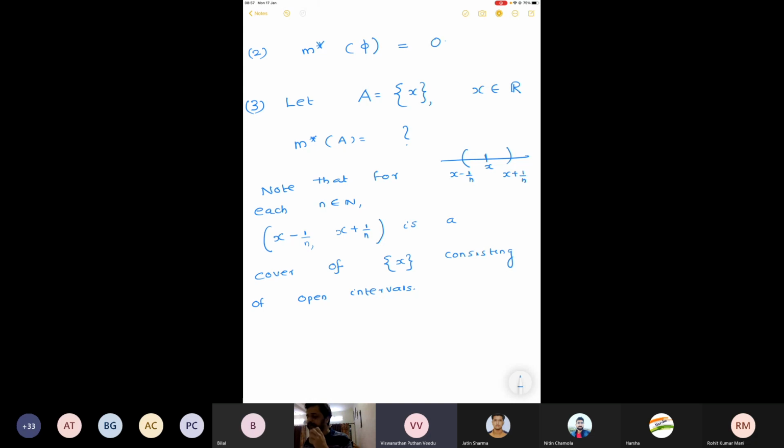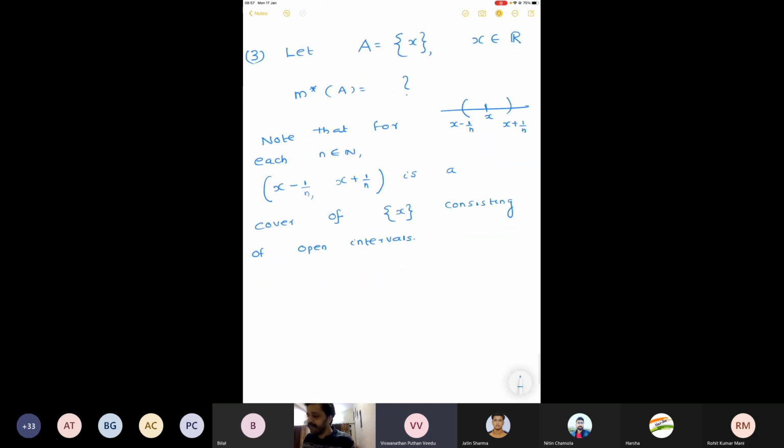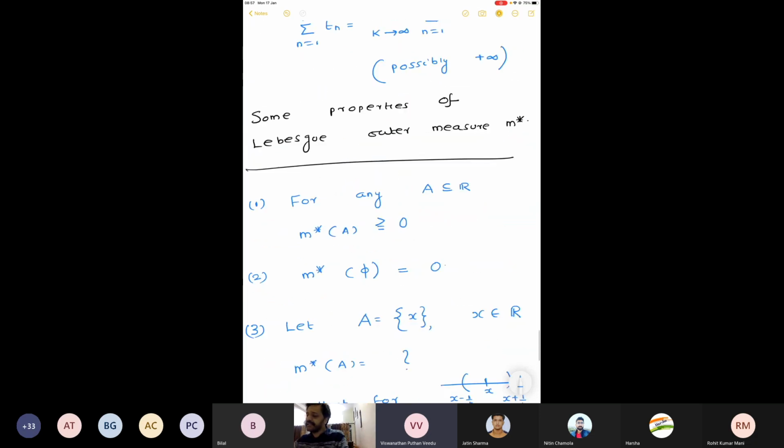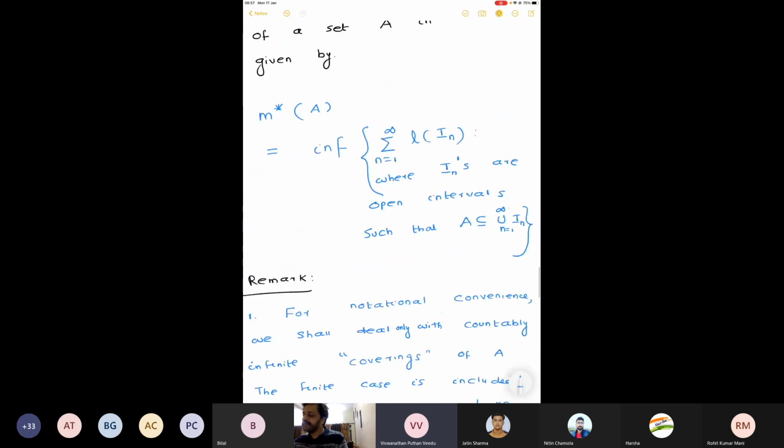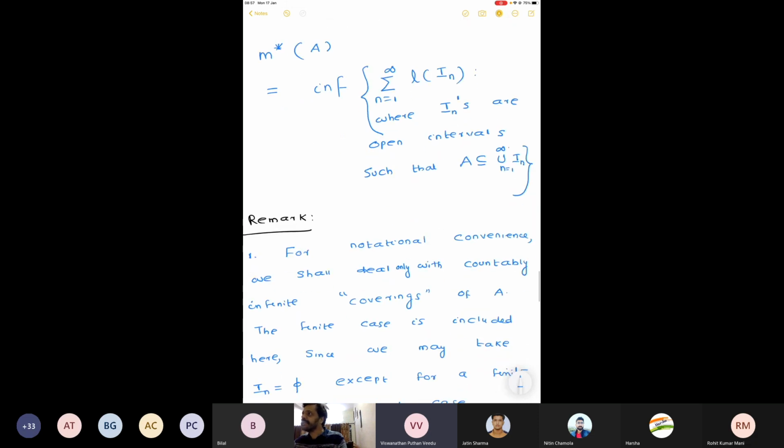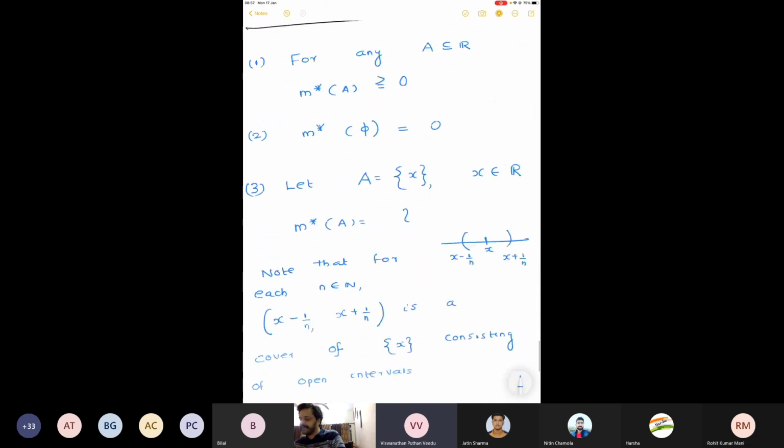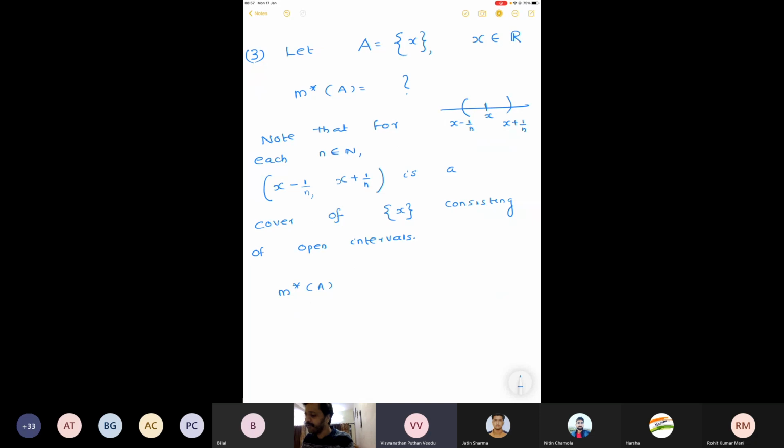And the length of this is 2 by n, I suppose. Therefore, M star of A is by definition the infimum of the sum of lengths. As I told you, the question of a sum doesn't arise because in the open cover you have only a single element, namely x minus 1 by n, x plus 1 by n. Therefore M star of A, which by definition is the infimum, is less than or equal to 2 by n.